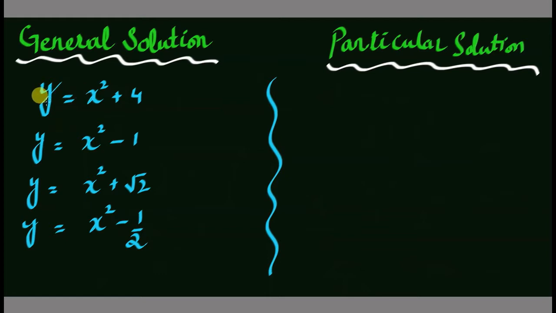These are quadratic functions. All the functions are the same, but just the constant terms are different.